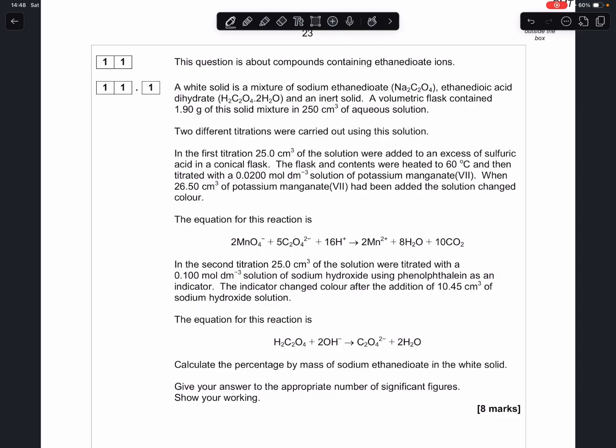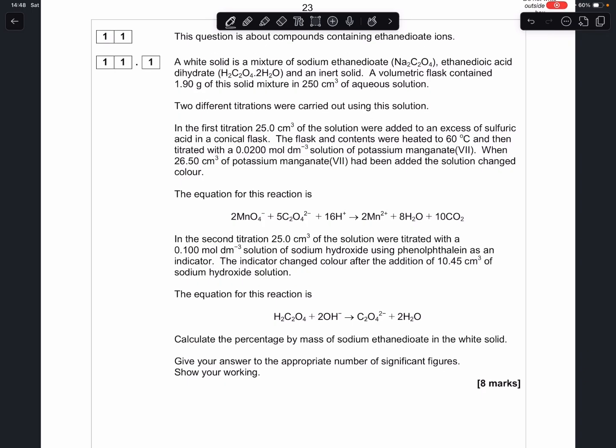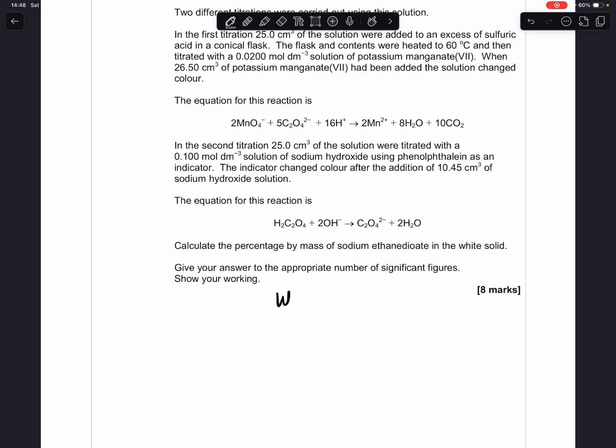So this question is about compounds containing ethanedioate ions, and we're told that a white solid is a mixture of sodium ethanedioate and ethanedioic acid dihydrate, also an inert solid, but we don't care about that, it's inert, it doesn't react. And this is put in a volumetric flask containing 1.9 grams of this solid mixture in 250 centimeter cubed. So we've got our white solid.